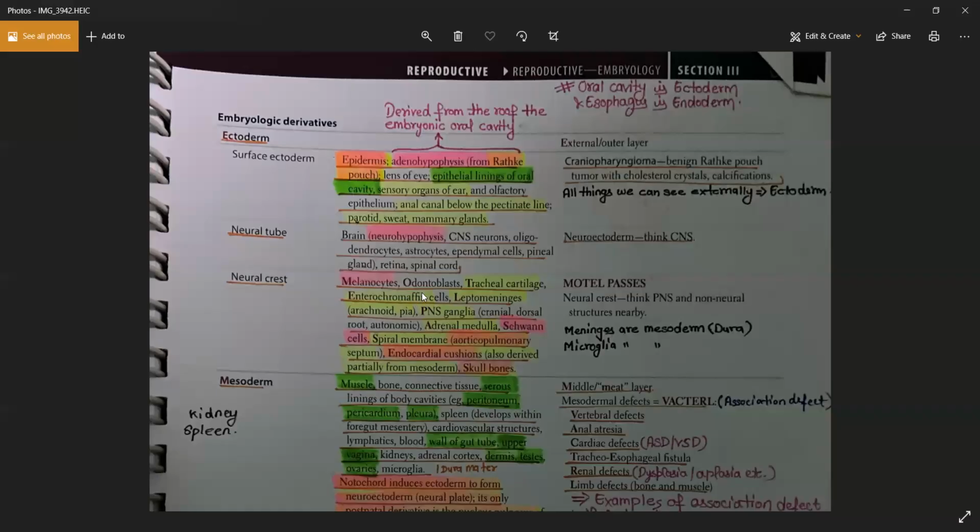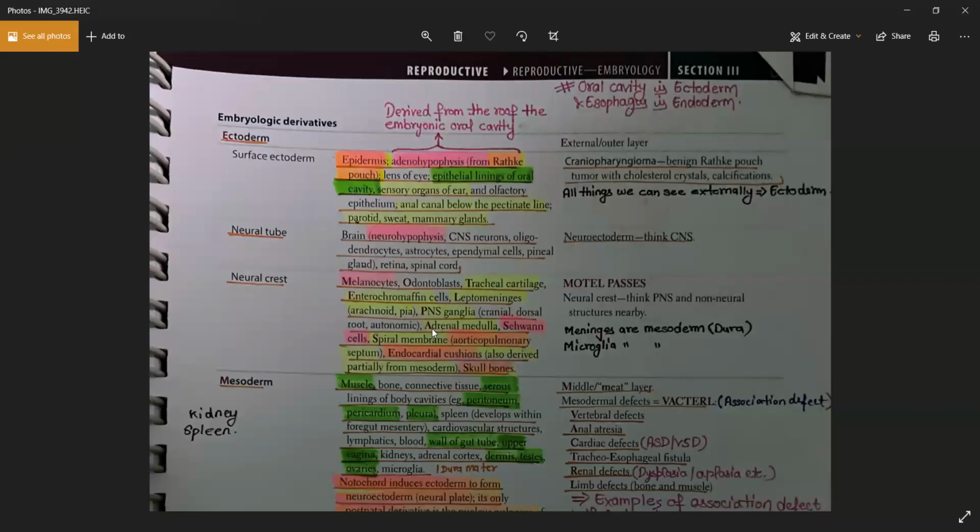Then the leptomeninges, the arachnoid and the pia mater, these are formed by the neural crest cells. The peripheral nervous system ganglions that you guys know, it is all formed by the neural crest cells. Adrenal medulla, which is a neural crest structure. Schwann cells again, spinal membranes.